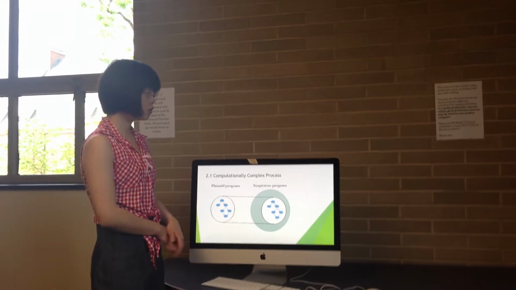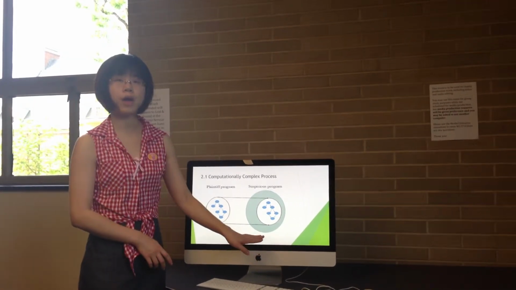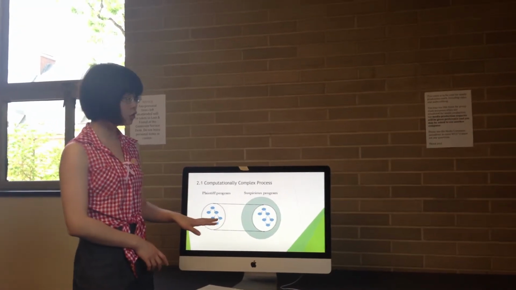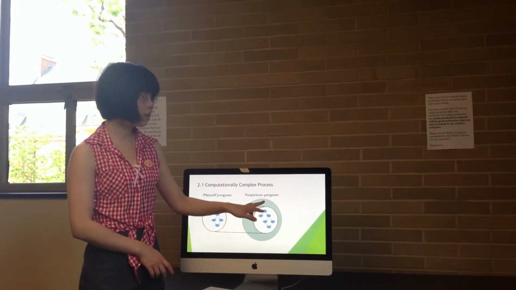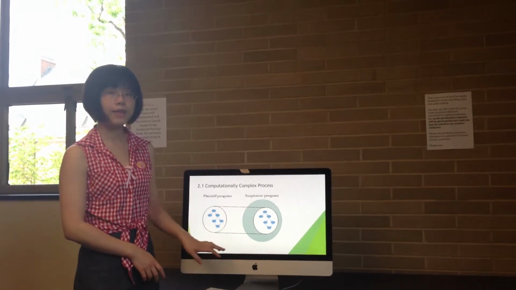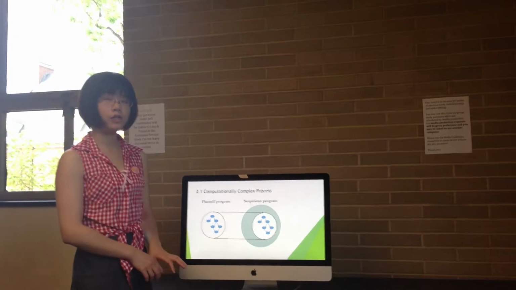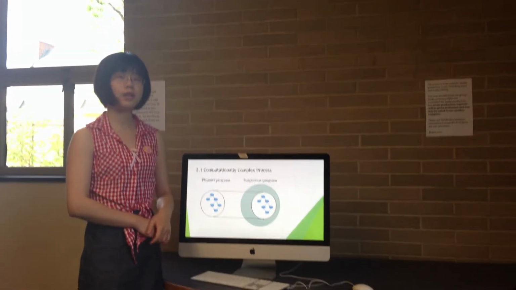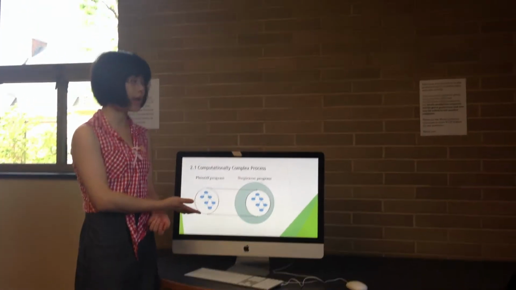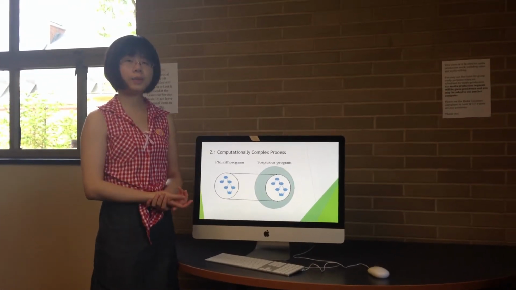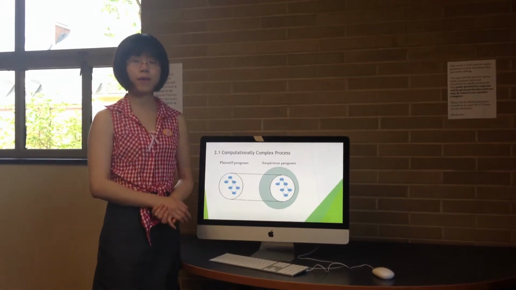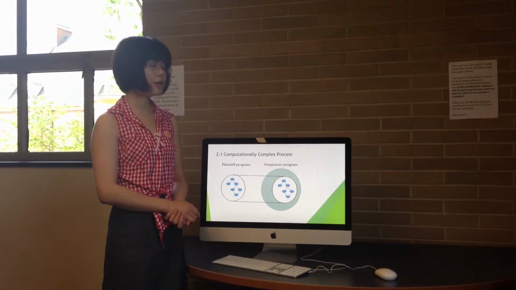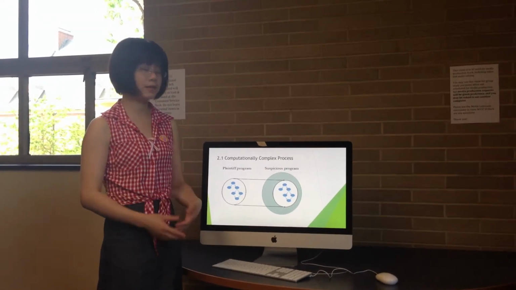So in order to detect whether the suspicious program plagiarized the plaintiff program, we have to target the entry point, like here, and the ending point, like here, and analyze only this part. So this is the reason it's very complex. One reason is that the two programs are very big. Another reason is that most of the time the plagiarism is only partial.